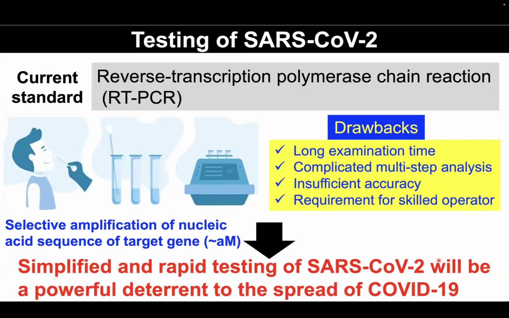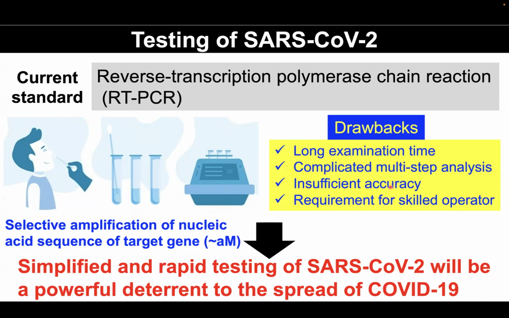Go to background. The current standard for testing of SARS-CoV-2 is PCR. PCR benefits from selective amplification of nucleic acid sequence of the target gene. However, it has the drawbacks of long examination time, complicated multi-step analysis, insufficient accuracy, and requirement for skilled operators.